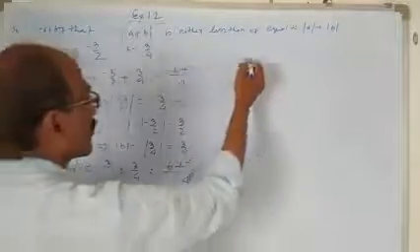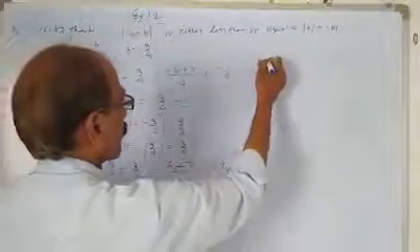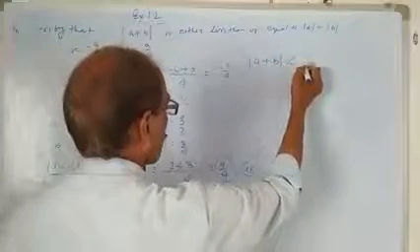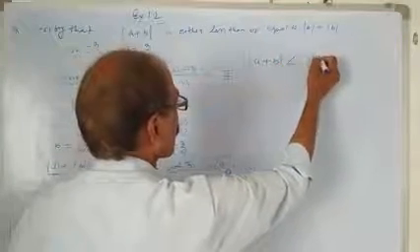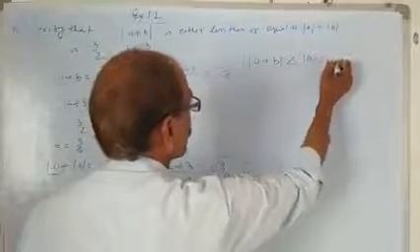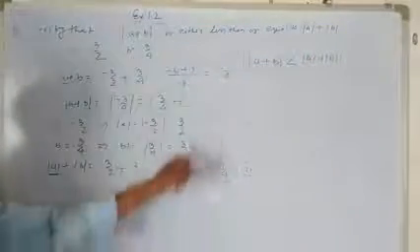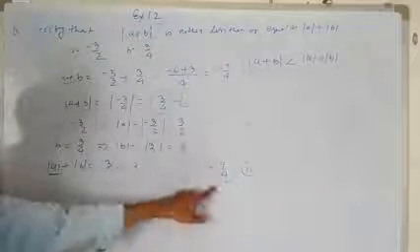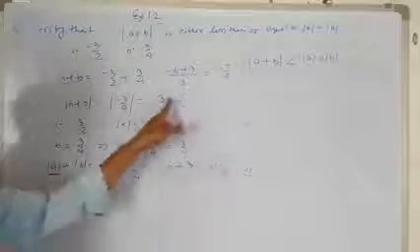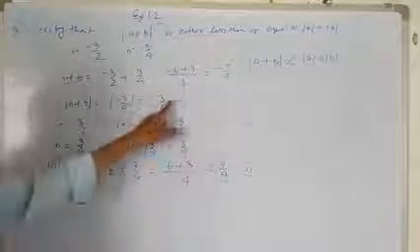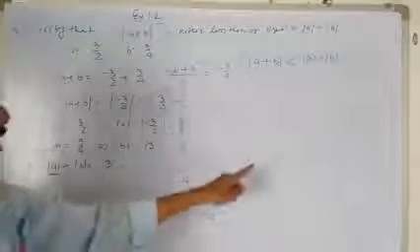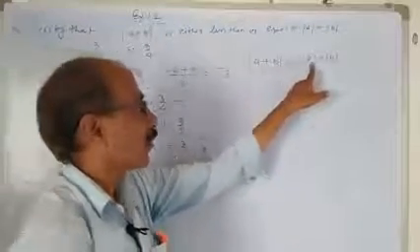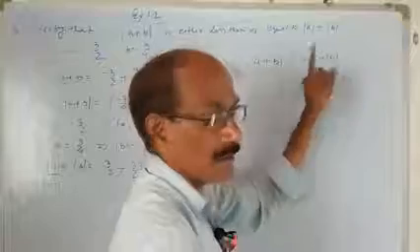So we can write mod of a plus b is less than mod of a plus mod of b. Here is 3 upon 4, here is 9 upon 4. The denominators are the same, so this is the bigger and this is the smaller. So we can say that mod of a plus b is less than mod of a plus mod of b.